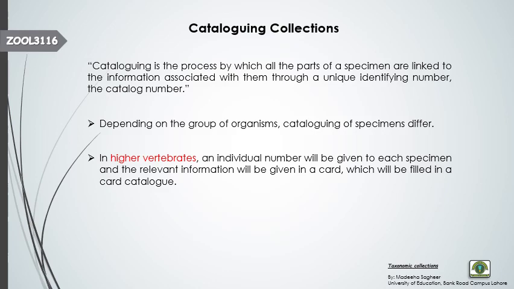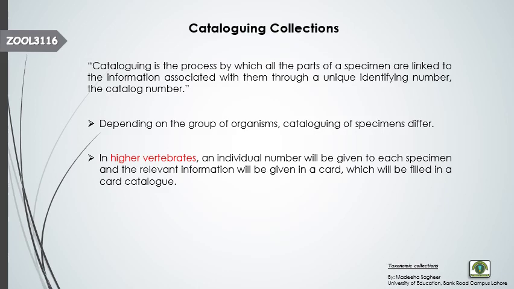So what is cataloging? Cataloging is a process by which all the parts of a specimen are linked to the information associated with them through a unique identifying number. Now, this identifying number is very important. This is known as the catalog number, by which number we can access the particular item or particular specimen.